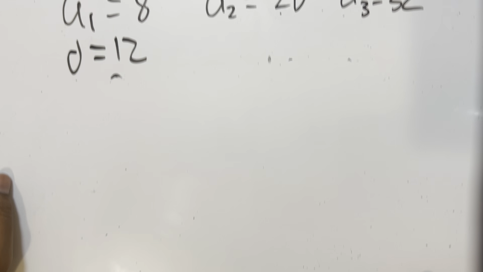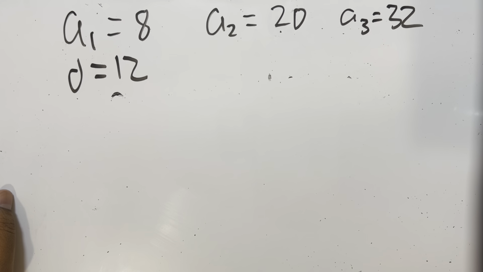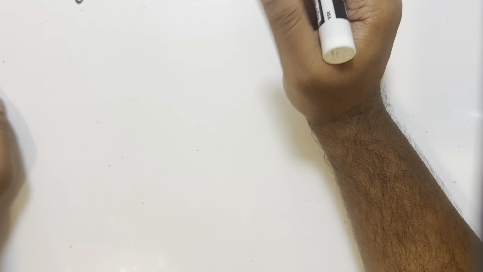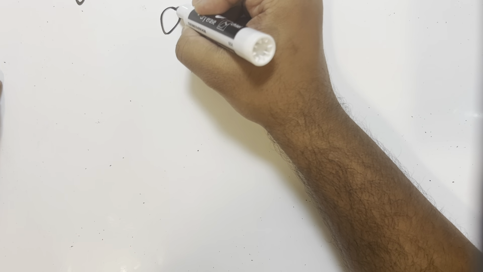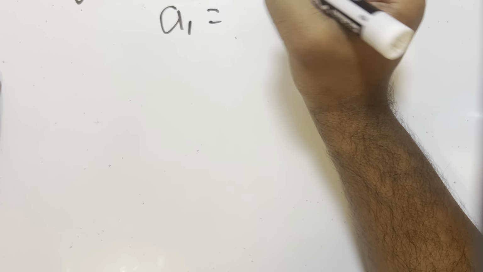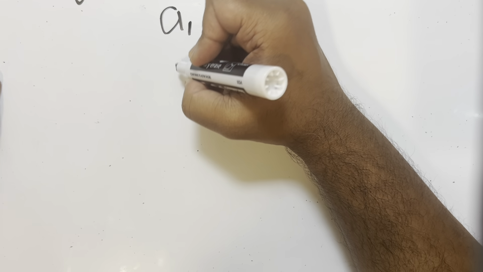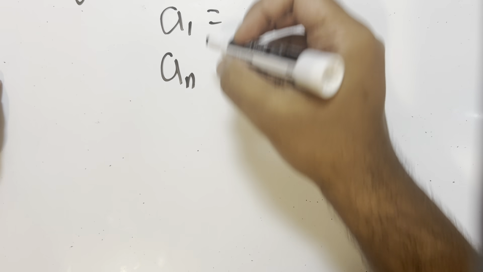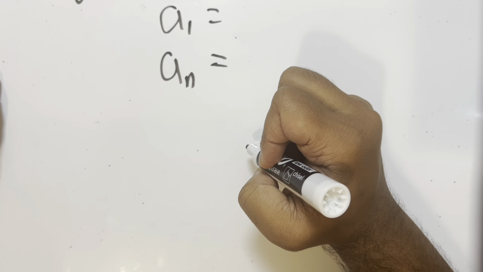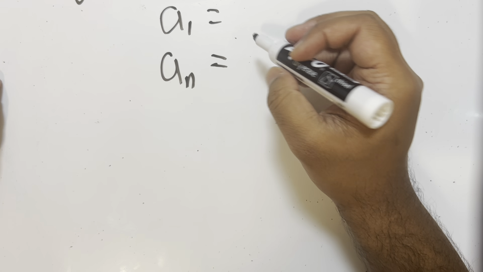All right, let's keep this in mind. Remember, A1 is 8. The common difference is 12. So the recursive formulas look something like this. They have some number A1, and they say it equals something. And then they have A of n. To find any term n, remember what I said? I use the previous term.